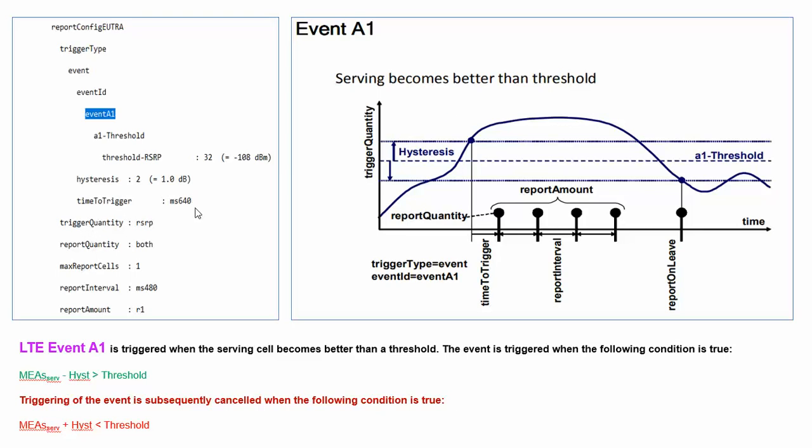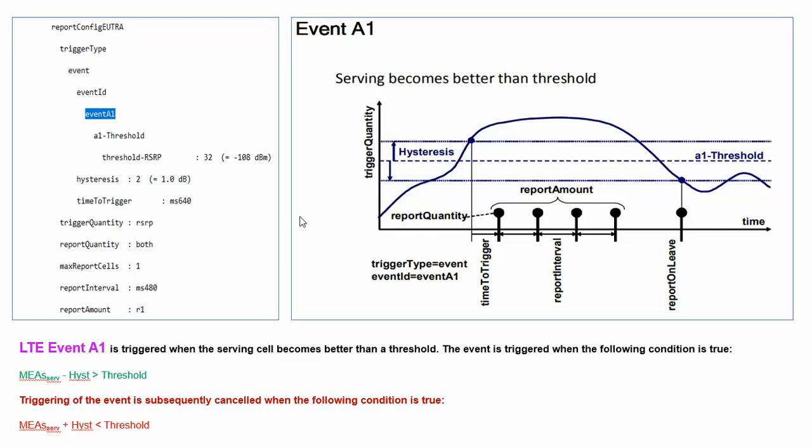So if there is a delay, you can minimize the time to trigger value. And if we set it very low and handover is failing, then you can increase the time to trigger value. It will help in handover cases. I will discuss that in the next video.